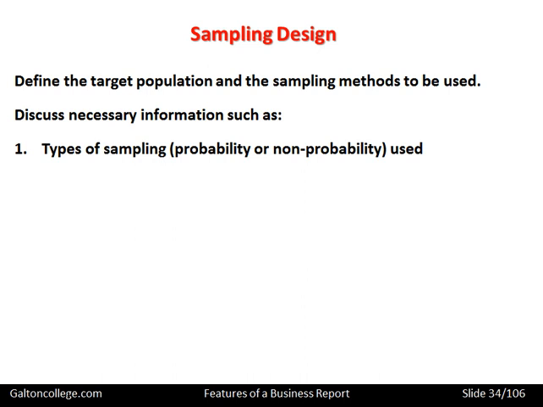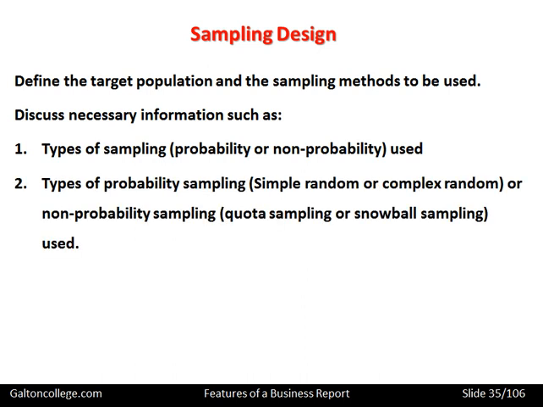It leads to poor results. The types of probability sampling, simple random or complex random, or non-probability sampling, say for example quota sampling or snowball sampling used. So it's important in the research to identify which one was used.